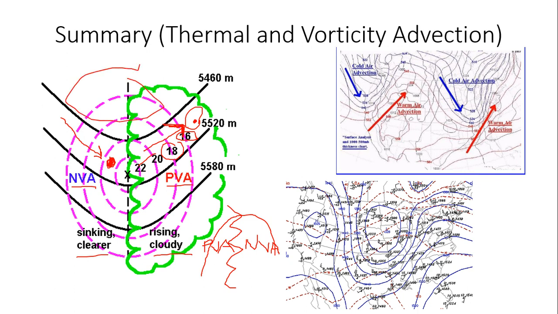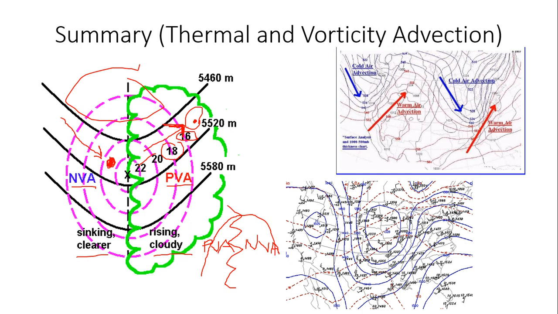If you look at the upper level charts here, at the 1,000 to 500 millibar thickness chart, we're analyzing for temperature advection. We're looking to see if the thickness lines are perpendicular to the isobars, lines of equal surface barometric pressure. If they are perpendicular, then we have some sort of temperature advection occurring.